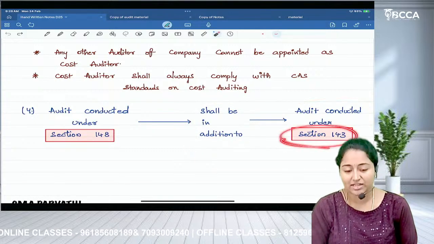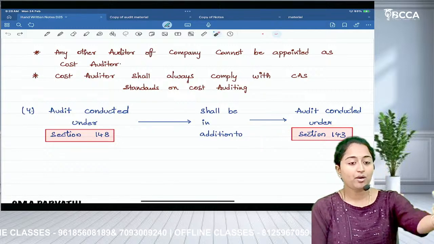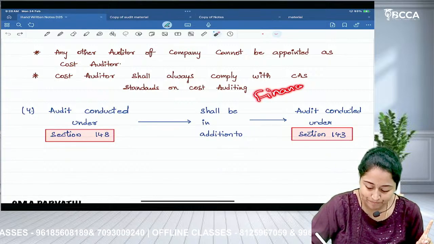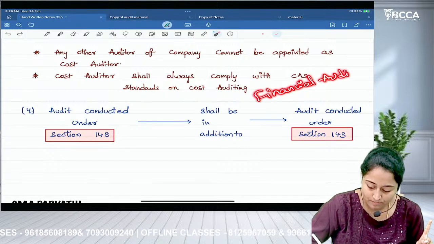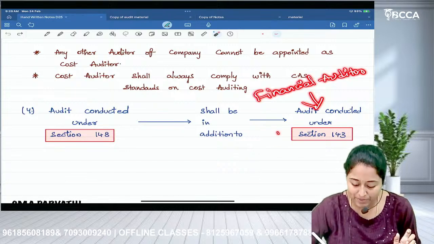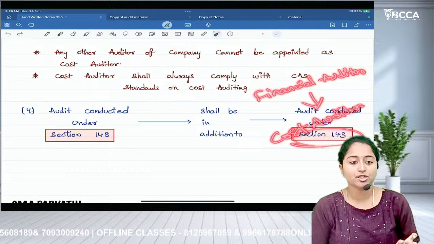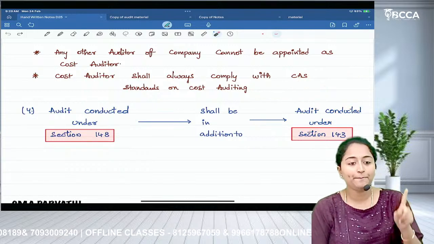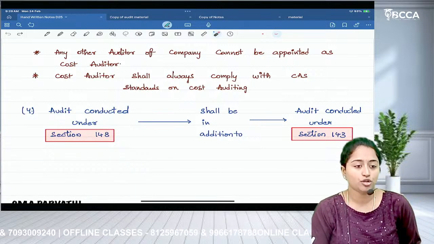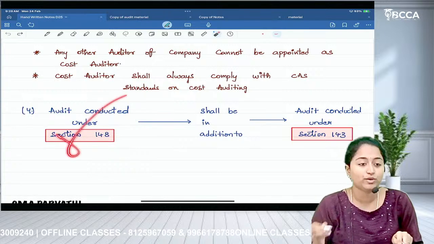Now, what is given under section 143 is whatever powers and duties are there for the financial auditor are equally applicable, mutatis mutandis, to the cost auditor. In section 143 we'll get to know the powers and duties of the cost auditor. Whatever powers and duties of the cost auditor are there, he has to comply with them when he is doing his audit.